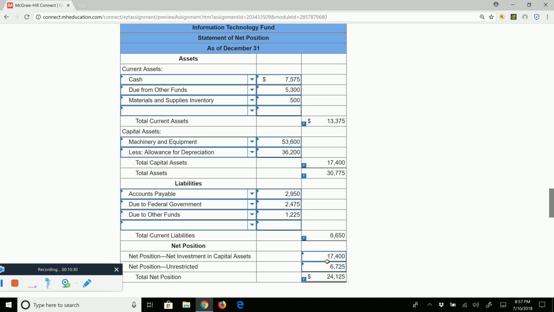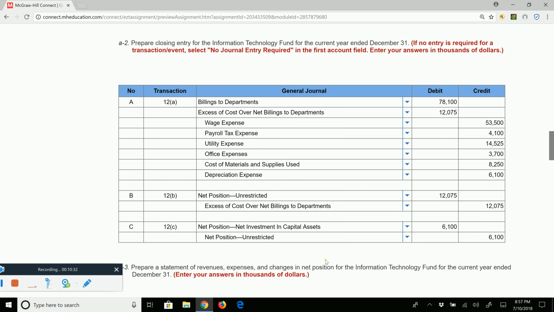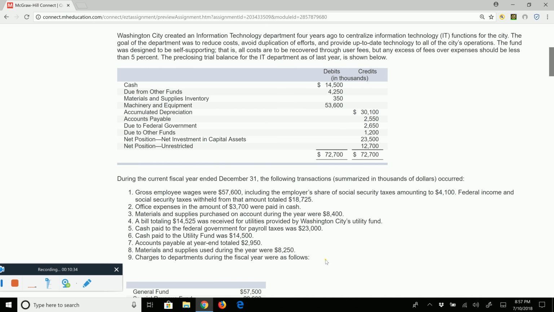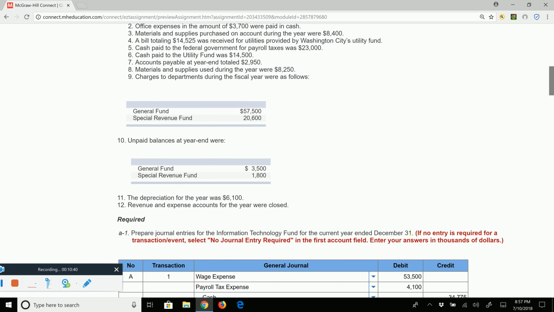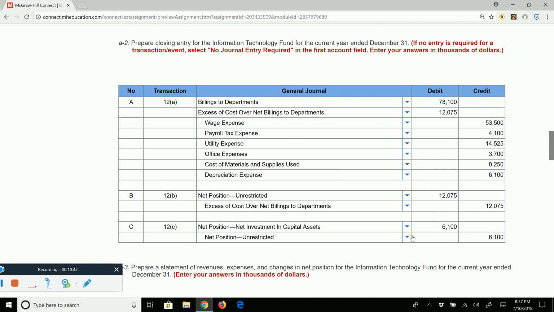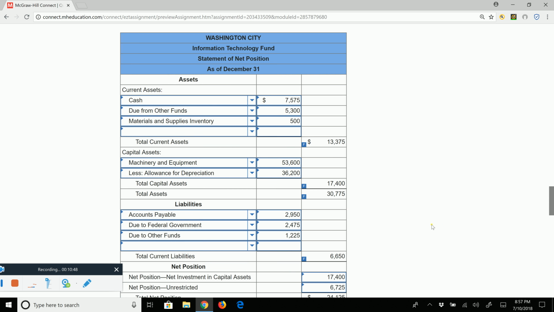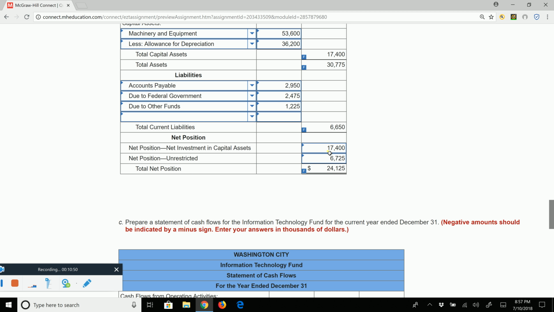How did we get the $17,400? Well, the beginning number, let me come up here. It was $23,500 before the year started, and we reduced it by $6,100 because of the depreciation. And that's where you get your $17,400. Same thought process goes into the unrestricted.